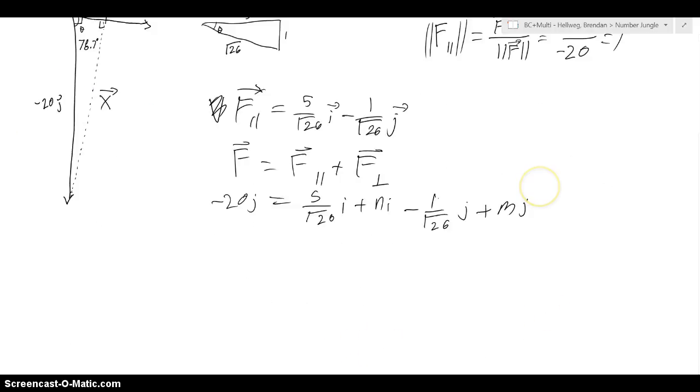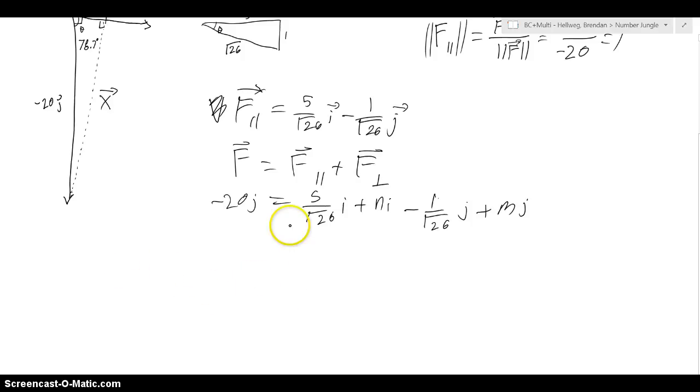Moving down just so we have a little more space, we need to cancel out the i, so in this case n is going to be equal to minus 5 over the square root of 26.